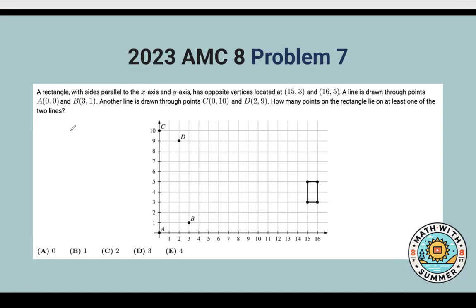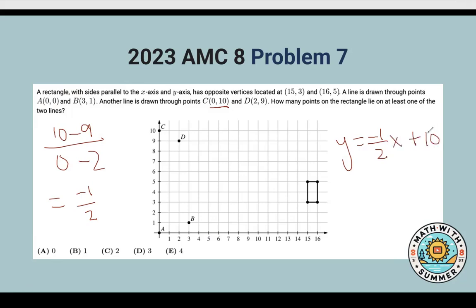So let's do 10 minus 9 over 0 minus 2, which is 1 over negative 2. So it's negative 1/2 is the slope here. Now we can find the equation, and we know that the y-intercept here is 10. So it's y equals negative 1/2 x plus 10.